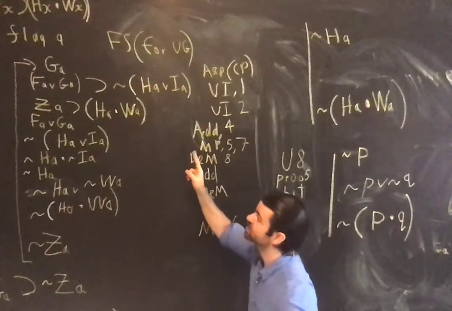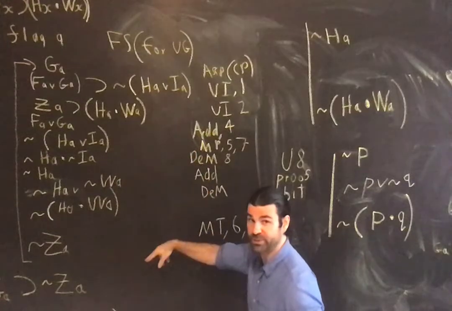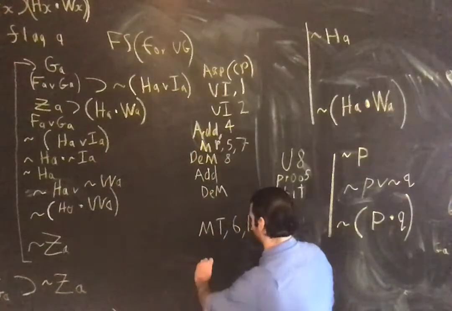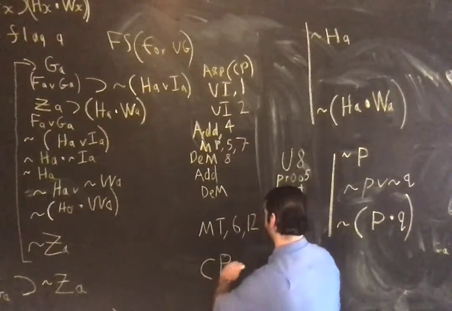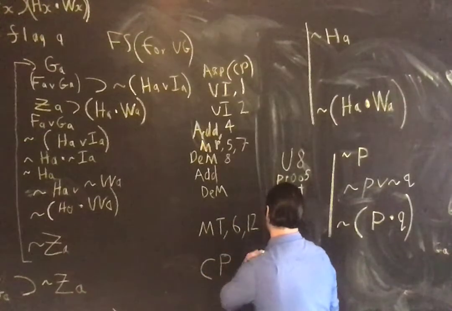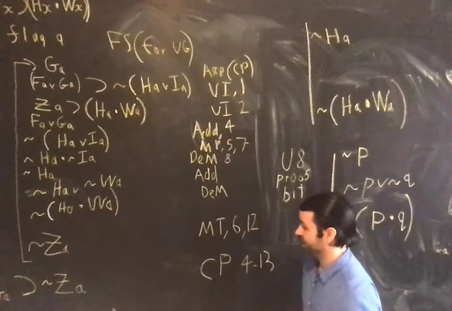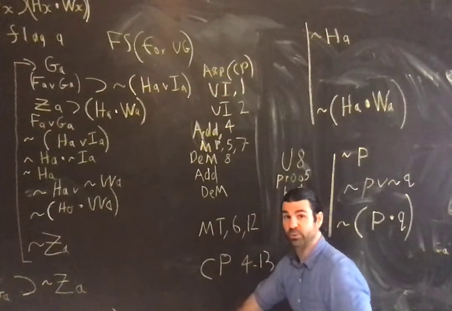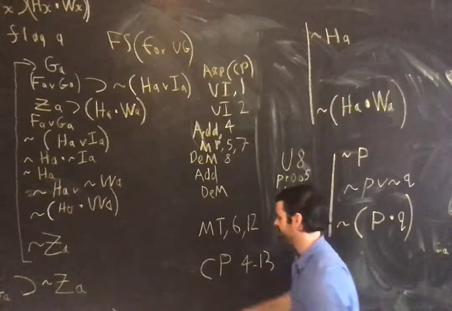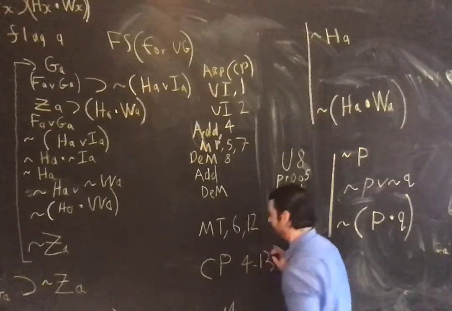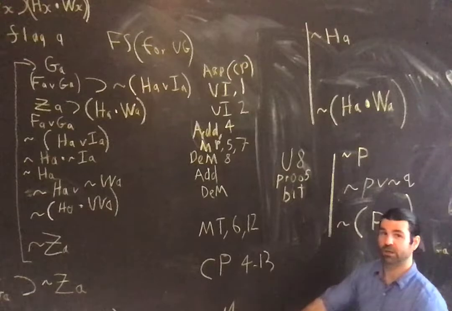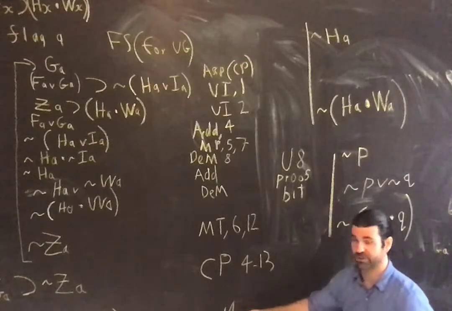Well, I assumed GA, and I showed that ZA follows from it. So that was a conditional proof from steps 4 to 13. And finally, I knew I was going to get this by UG, I didn't know from what number. UG, it's step 14.